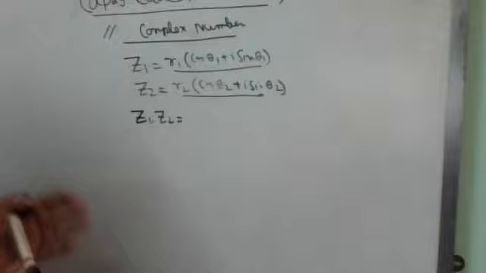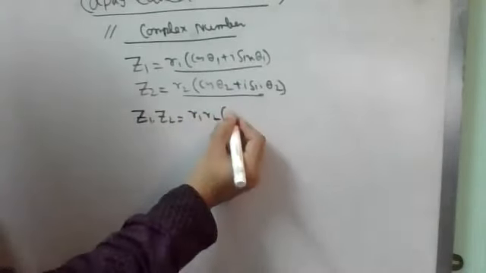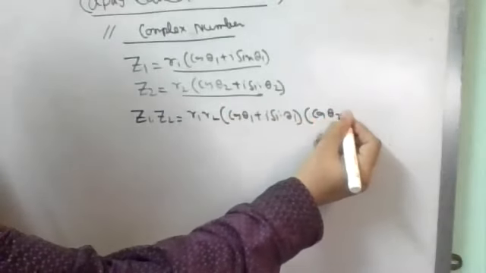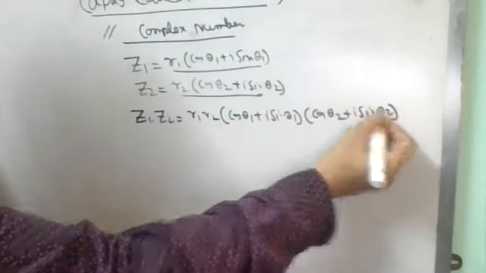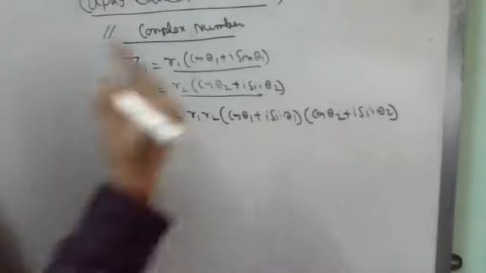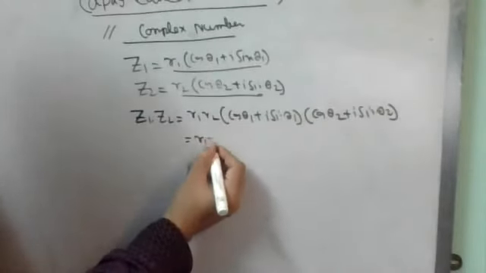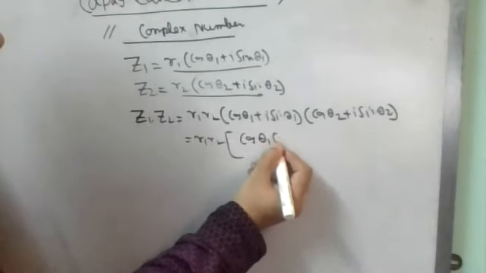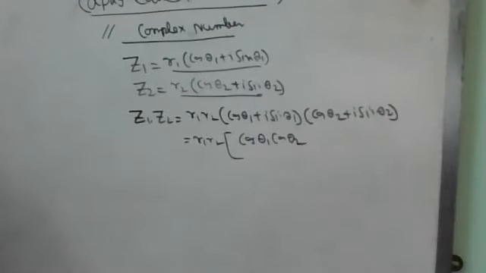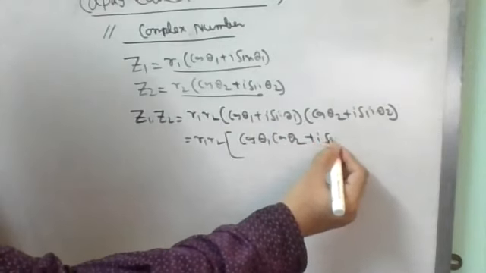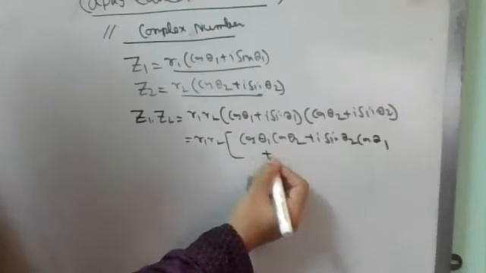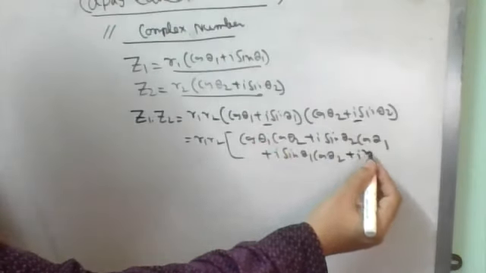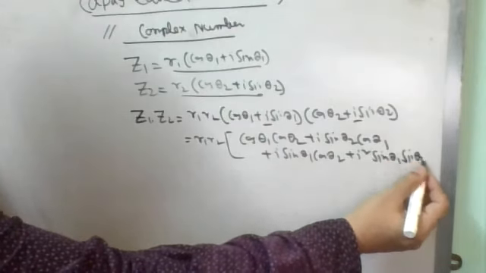Normal multiplication. I will just multiply and open the bracket. r1 r2 (cos θ1 + i sin θ1)(cos θ2 + i sin θ2). Simple multiplication using the distributive property: r1 r2 [cos θ1 cos θ2 + i sin θ2 cos θ1 + i sin θ1 cos θ2 + i² sin θ1 sin θ2].